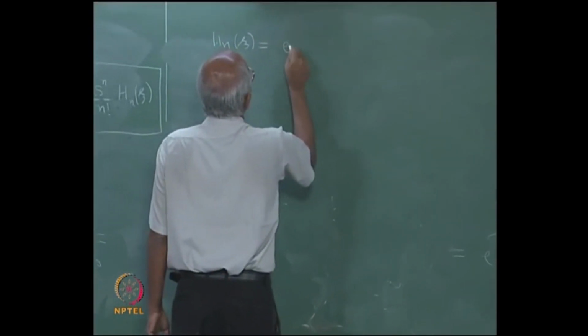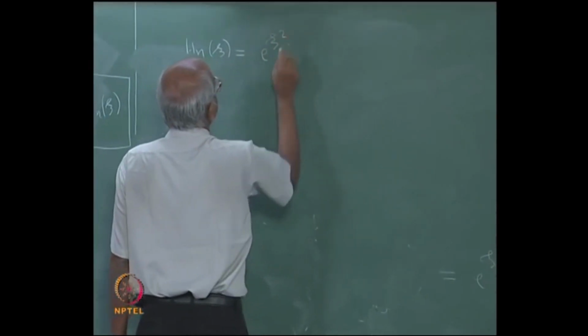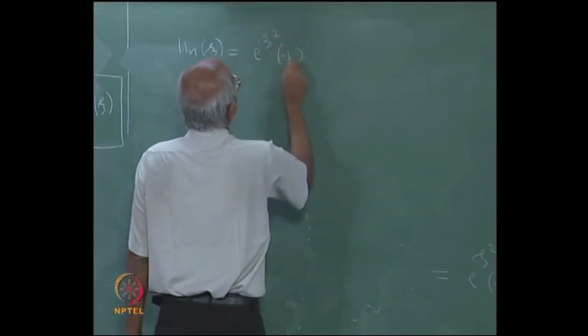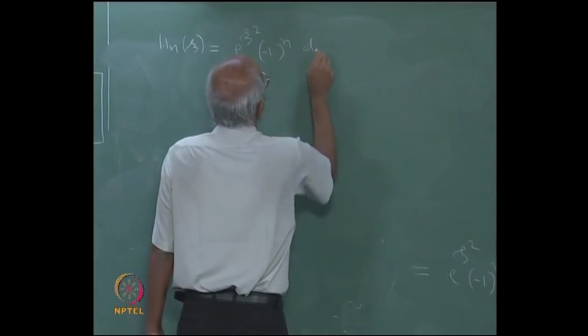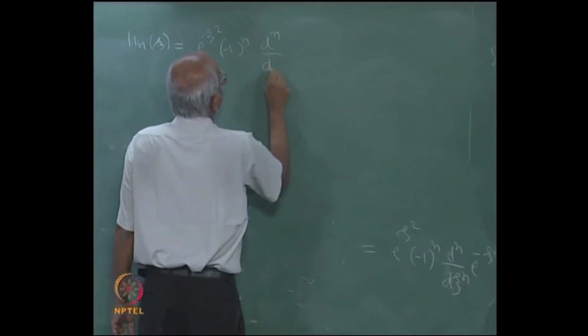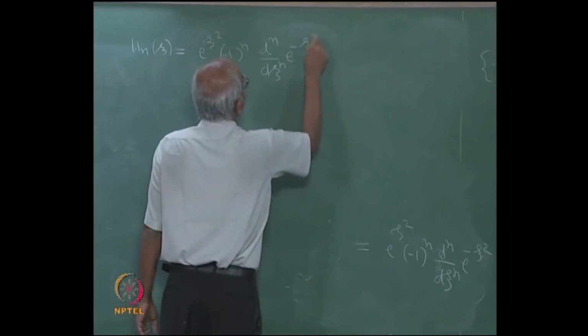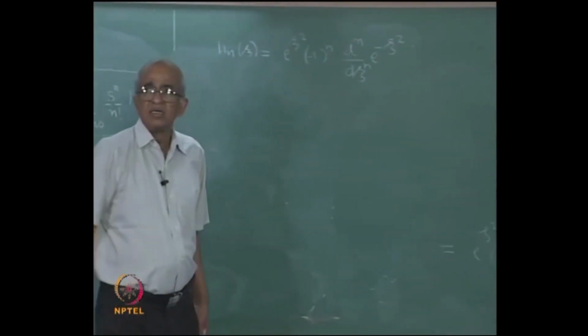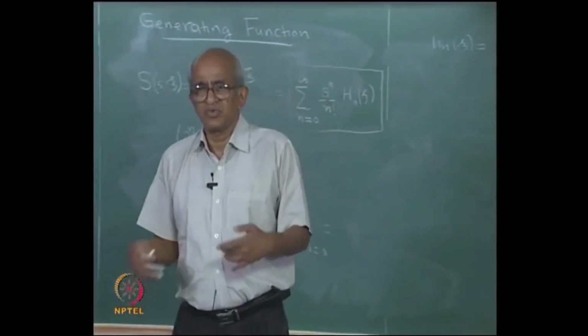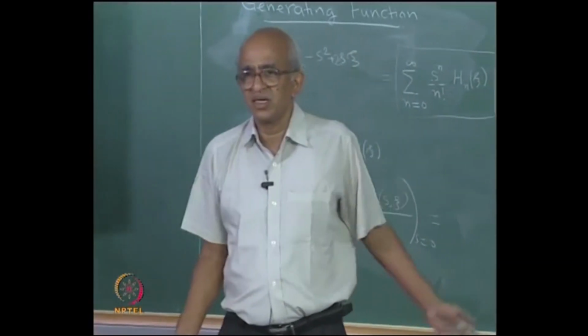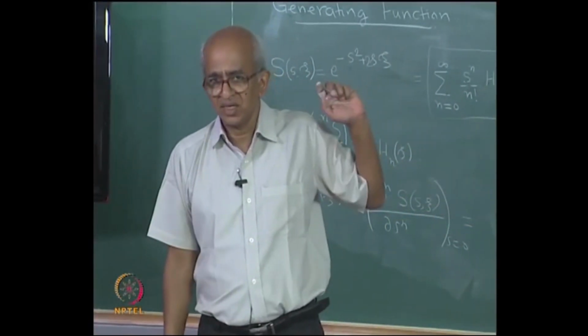Hn(c) is given by e to the power of c square, minus 1 to the power of n, d to the power of n by dx to the power of n, e to the power of minus c square. This is the formula that I can use. If you want any Hermite polynomial, I can evaluate it using this formula.